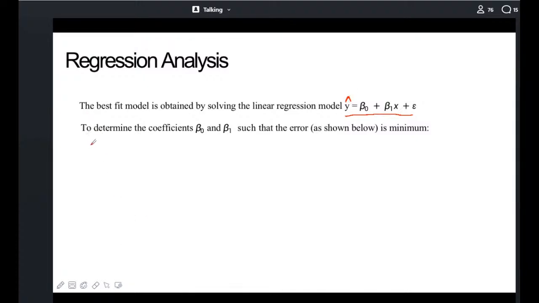My sum of squared error is the summation of (y minus y cap) whole square.